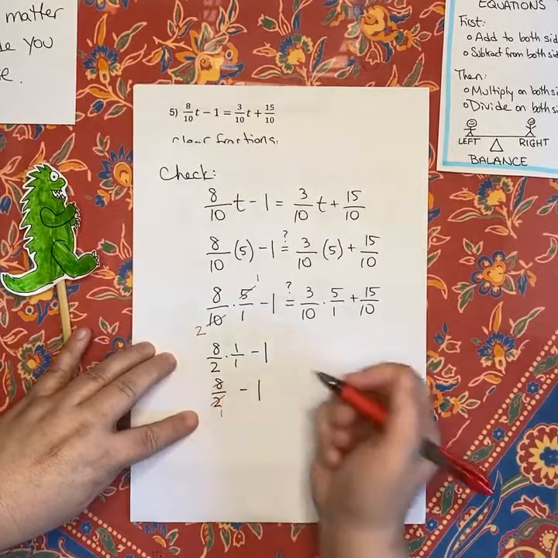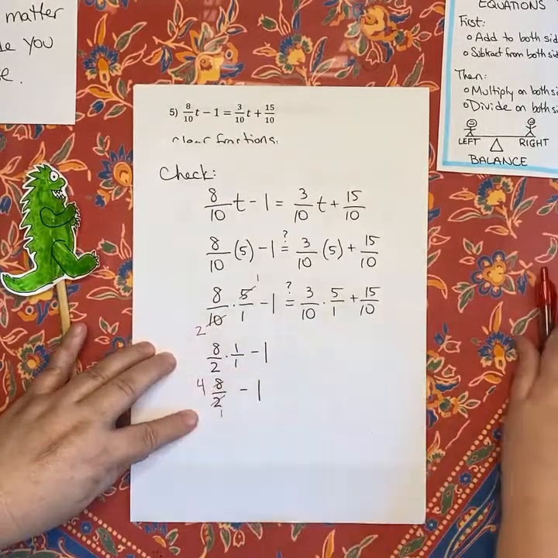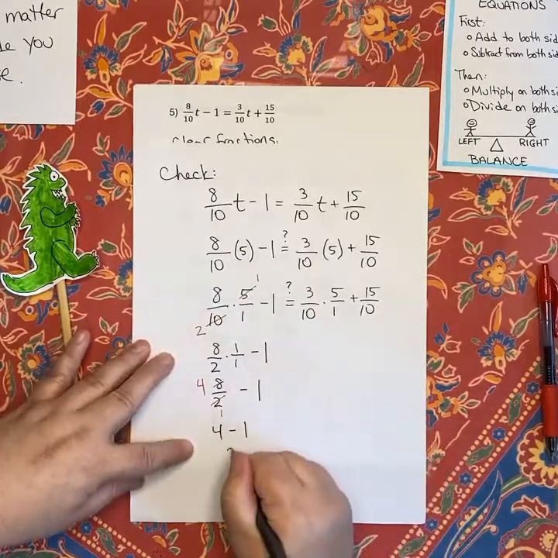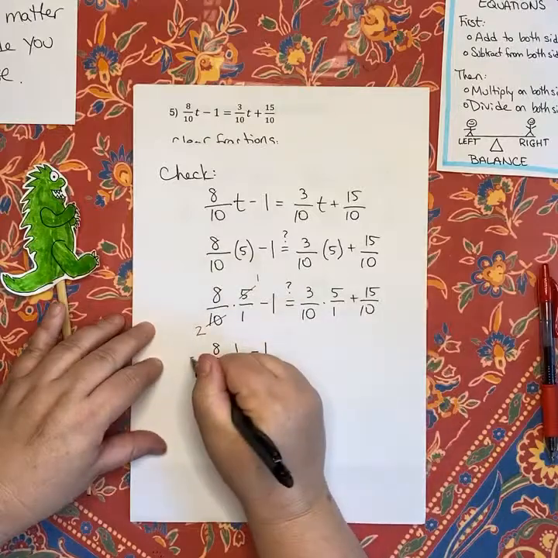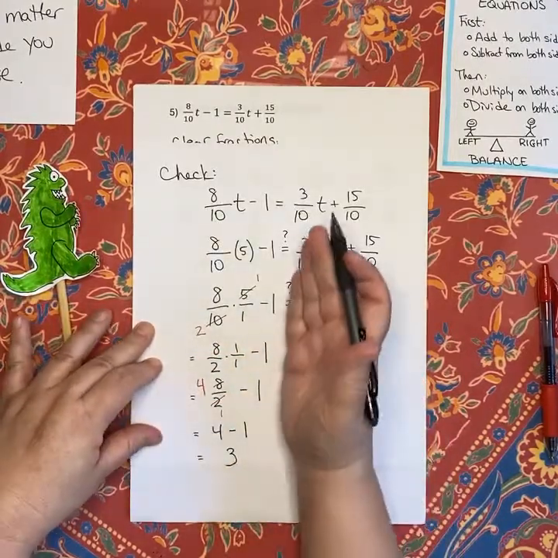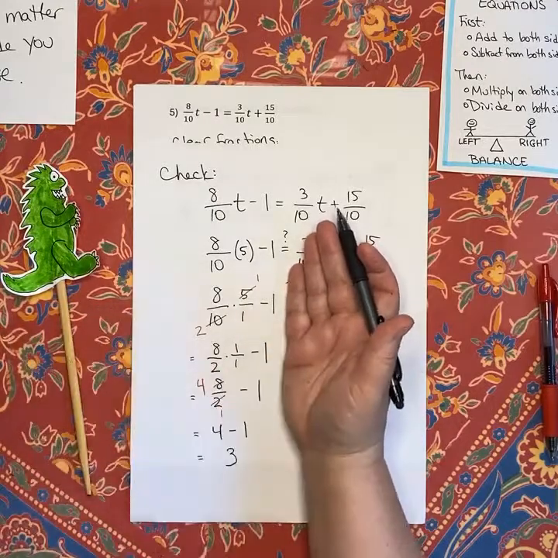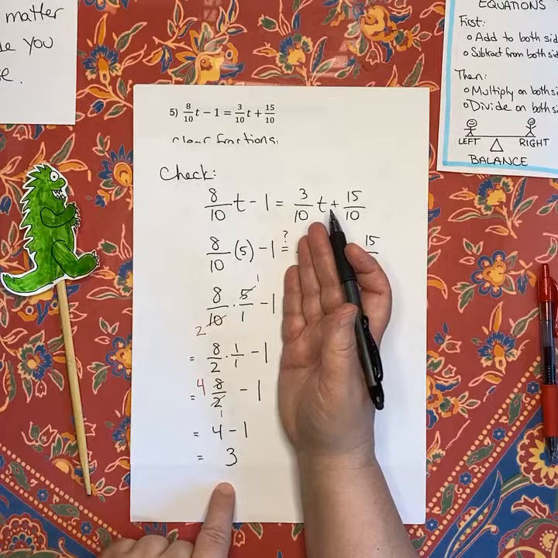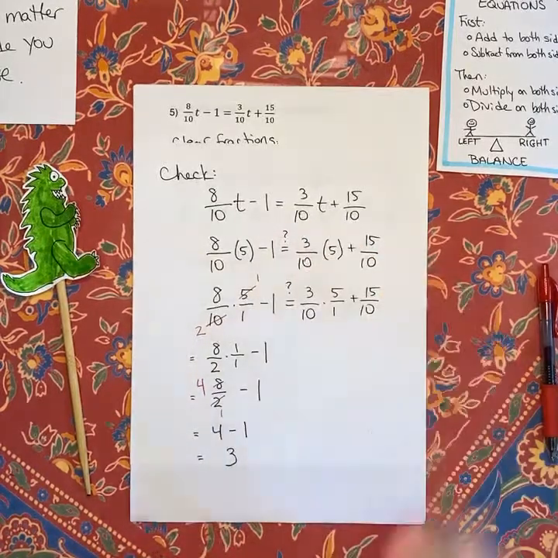The 2 cancels with the 8 and leaves, you got it, 4. So this is 4 minus 1, which is 3. And weirdly enough, I'm going to write the equals on the left-hand side because I'm just doing this side, so I'm ignoring the right. I'm saying, okay, if I put the 5 in on the left, I end up with a 3. This is our goal for the right. We're hoping we get a 3.